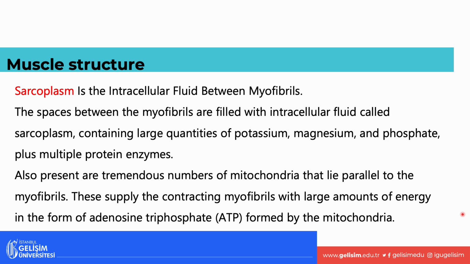This energy comes in the form of adenosine triphosphate, or ATP, which is necessary for muscle contraction to take place. The high concentration of mitochondria in the sarcoplasm ensures that there is a constant supply of ATP available during periods of intense activity.